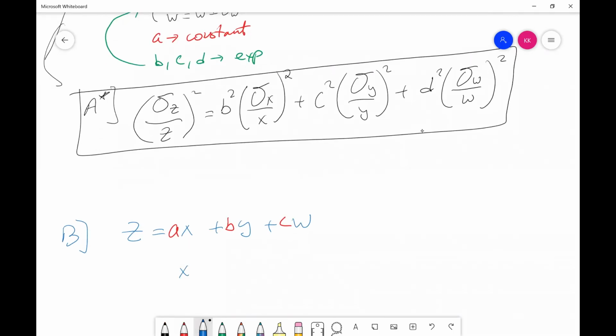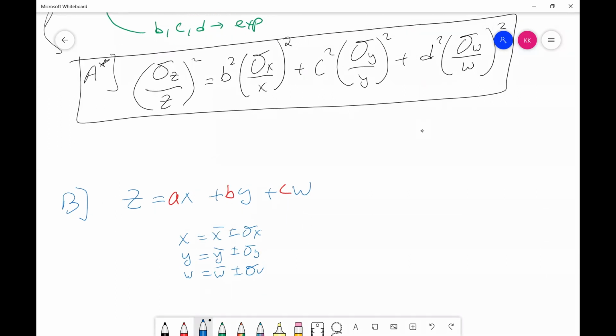So X, again, is some kind of measurement. Y is some kind of measurement. And W is some kind of measurement. In this case, then A, B, and C are just some coefficients, constants, right?